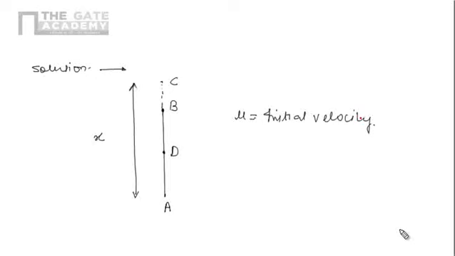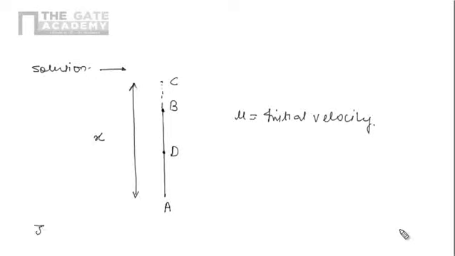In the problem it is mentioned a stone is projected vertically upward from A and it passes a point B after 3 seconds and it returns to A after 4 seconds. So for the journey from A to C and C to B, it will take a total of 3 plus 4, 7 seconds.